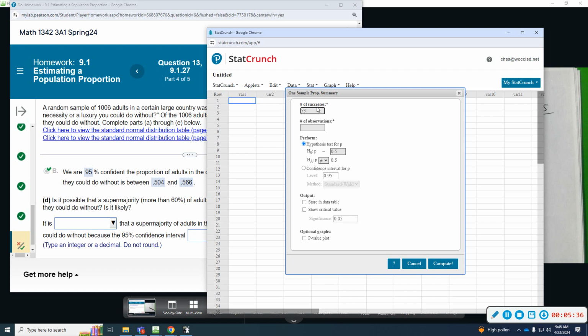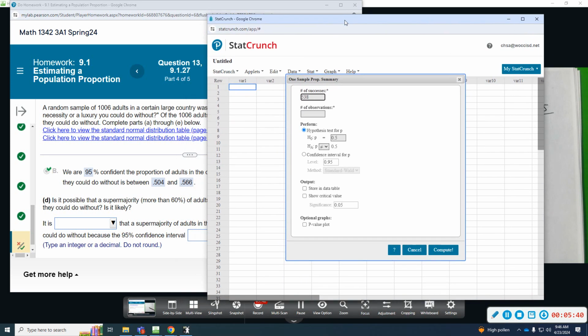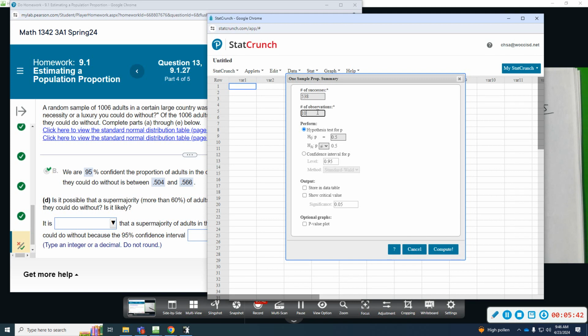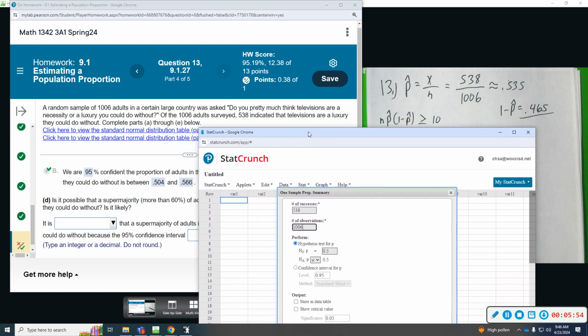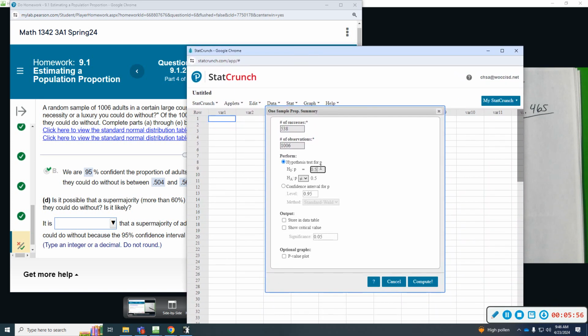Again, 538 out of 1,006. Hypothesis test for p, where we got 0.535, and we want to see if it is possible that the proportion is more than 60%.